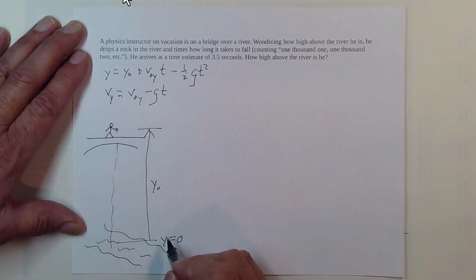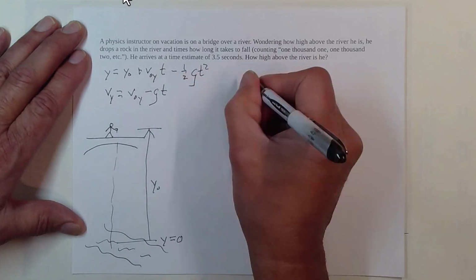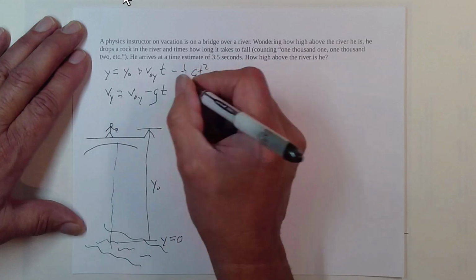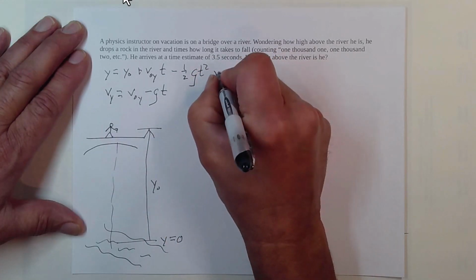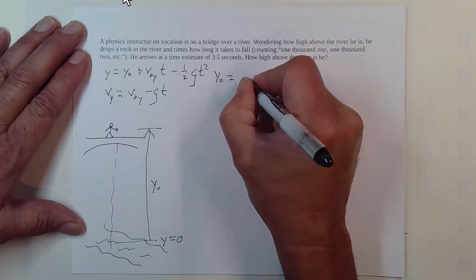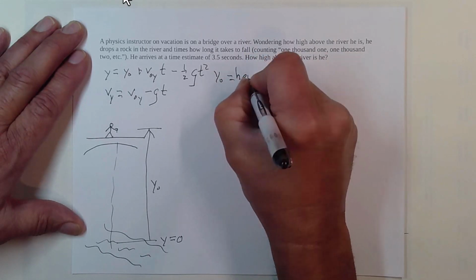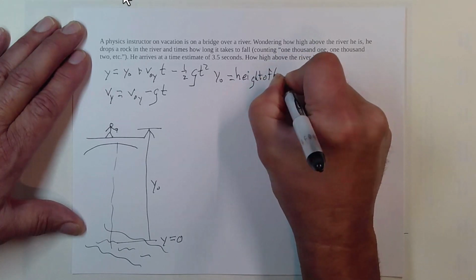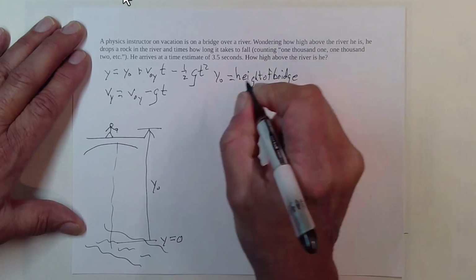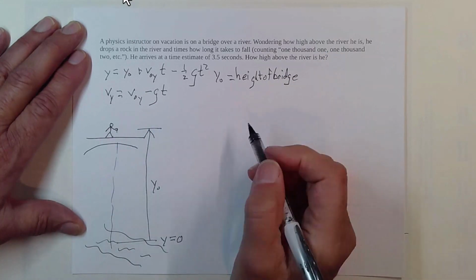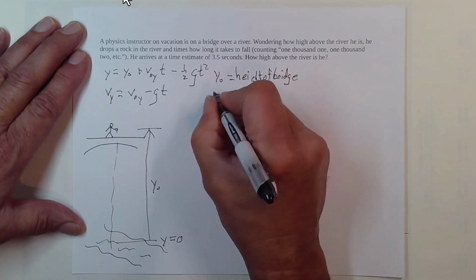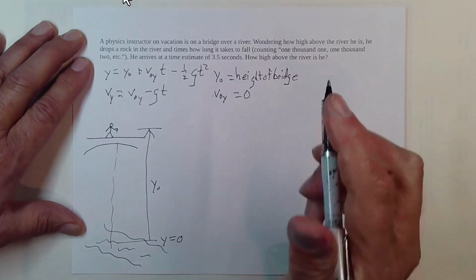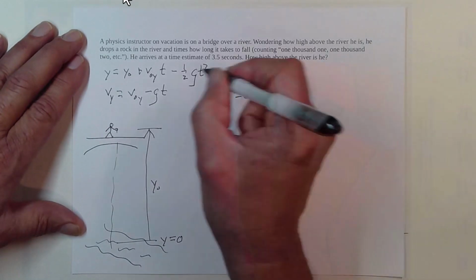With this assumption, also the rock is dropped, so y naught is equal to the height of the bridge, or at least the height at which the person drops the rock. v naught y will equal 0 because it says drops a rock.